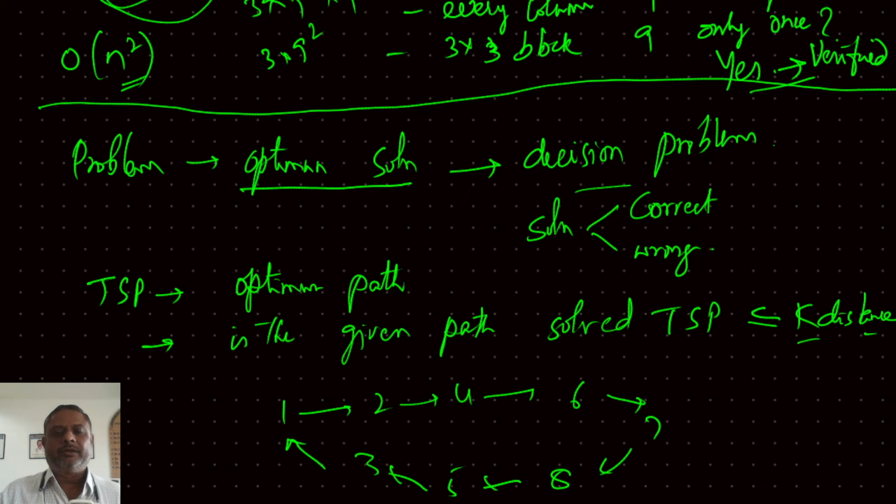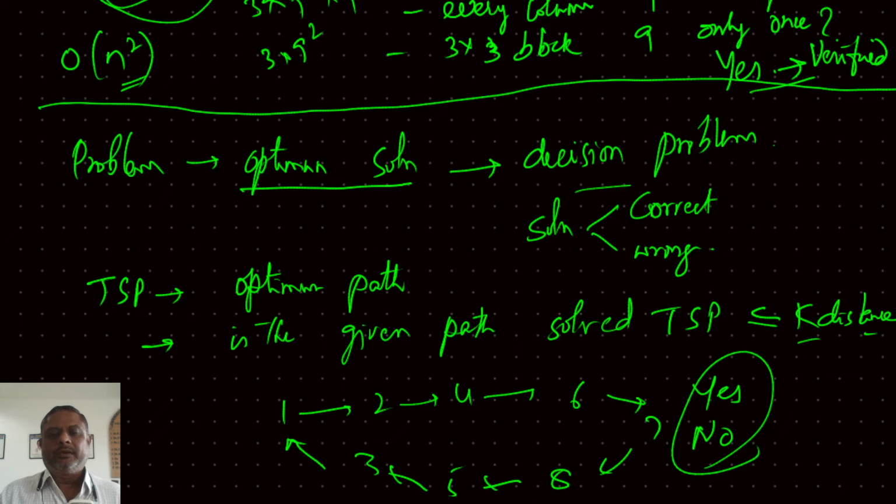The answer will obviously be yes if the total sum is less than or equal to k, or no if it is more than k. So now, instead of finding the best path, you ask whether the given path can be solved in less than k distance.